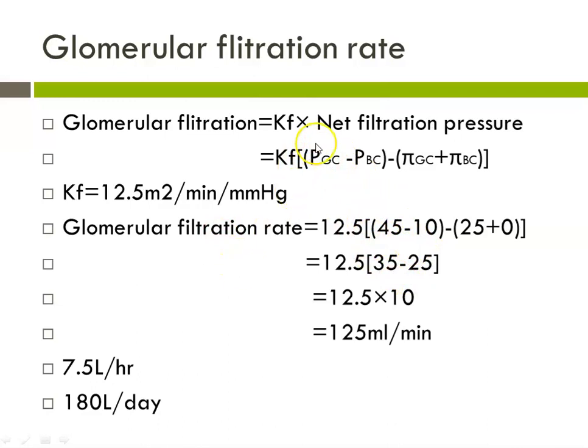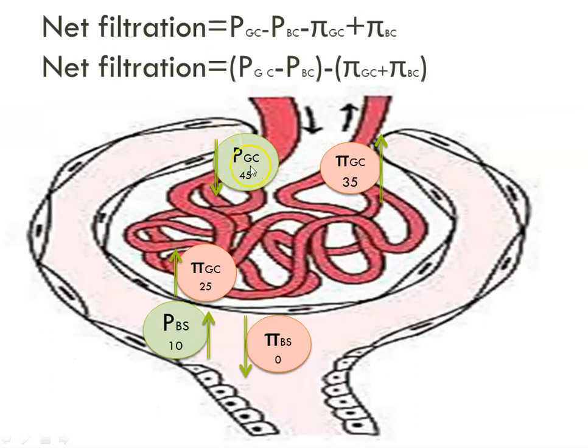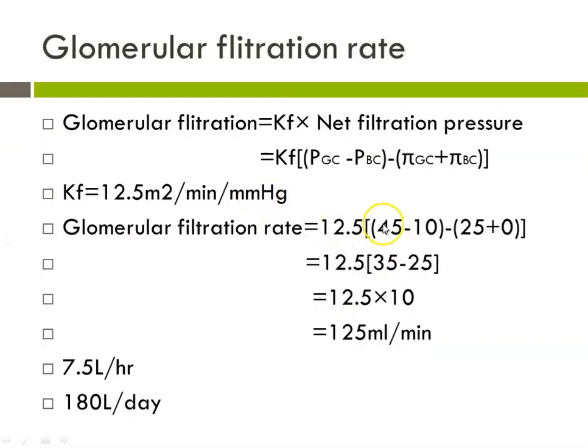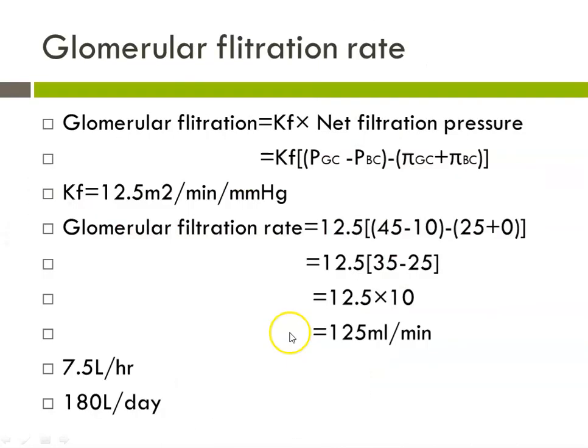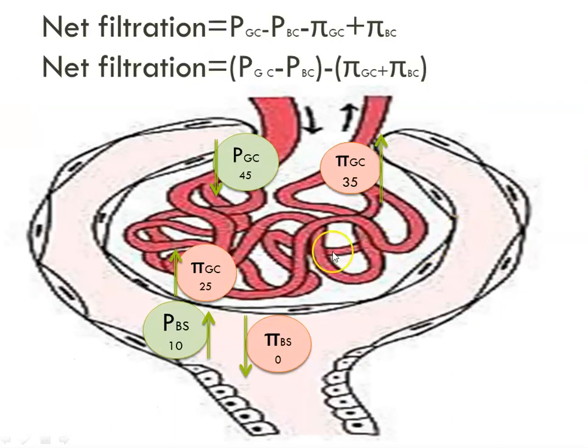So see, this is the hydrostatic pressure in the glomerular capillary. This is 45, and this is the hydrostatic pressure in the Bowman's capsule. This is 10. Okay. And the oncotic pressure in the glomerular capillary is 25. First you have to substitute this 25 only, okay? Because this oncotic pressure causes the filtration.